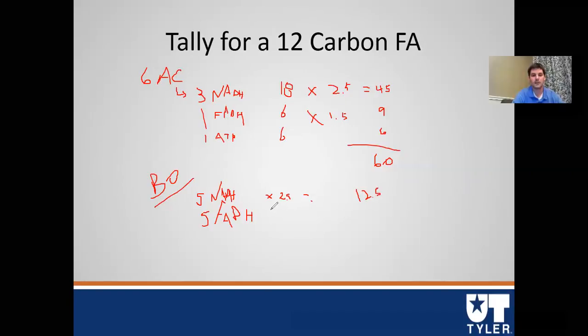And then 5 times 1.5 will give us 7.5, for a total of 20 ATP from the rounds of beta oxidation. So we can add those: 60 and 20 gives us 80 total ATP. Then minus 2 for that activation step ultimately equals 78.